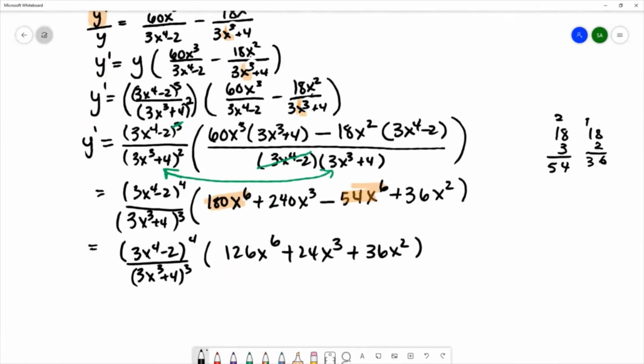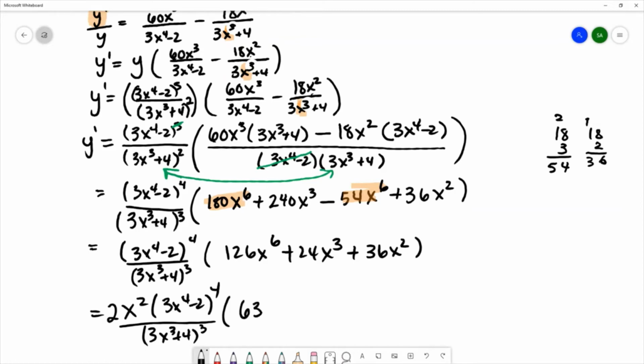We wanted to go a little bit further. We could factor out an x squared. And these are all even numbers. Are they divisible by 4? No, they're divisible by 2. We can factor a 2 out.